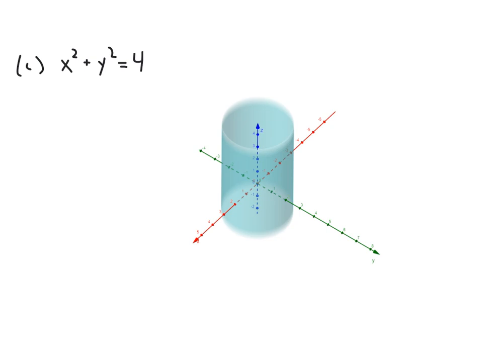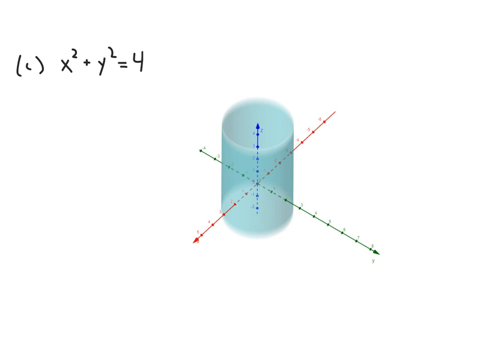Now, one thing that looks a little weird about this is that it looks like, for example, on the x-axis, it intersects the x-axis at around 3. That's actually just the nature of the angle that we're looking at.